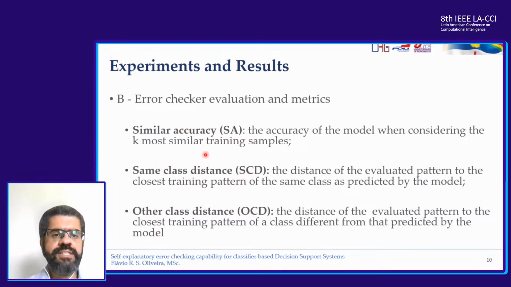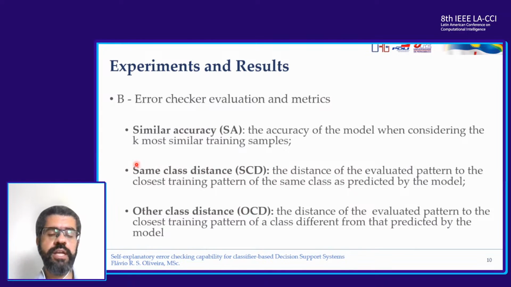Second, same class distance, where we try to check how close the current classification is of members of the same class, which are of course known in the training or test data set, and the other class distance, which is the opposite. Just to highlight what I mean with these two last ones is the following.